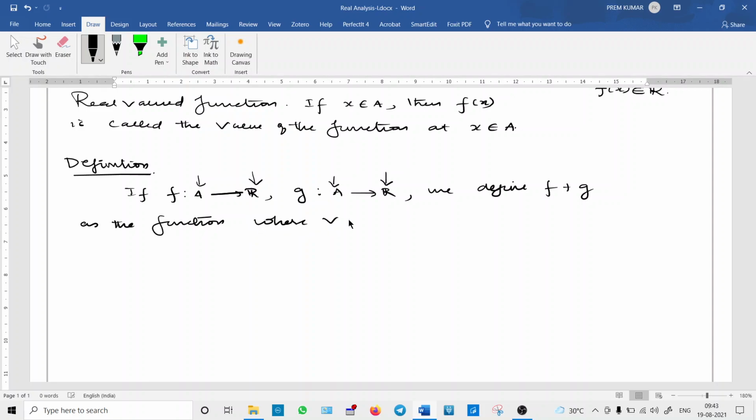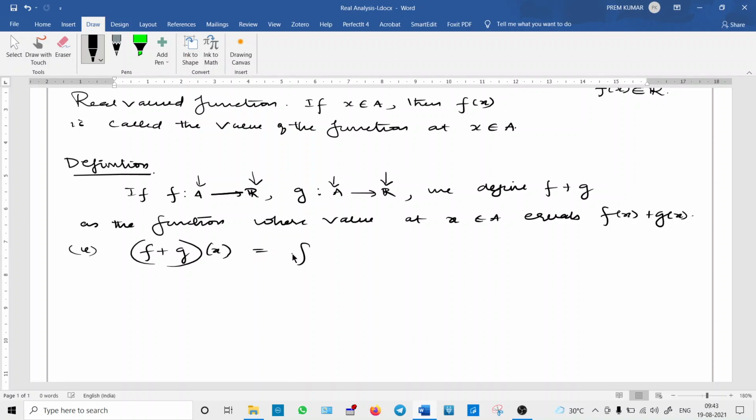whose value at x in A equals f of x plus g of x. That is, what is the sum of two functions evaluated at x?